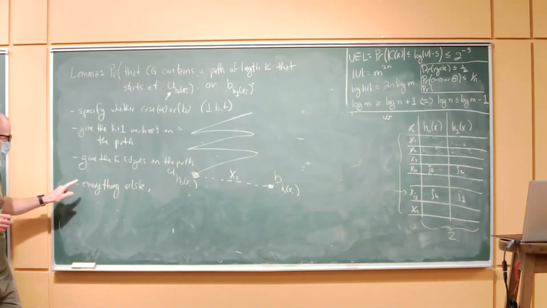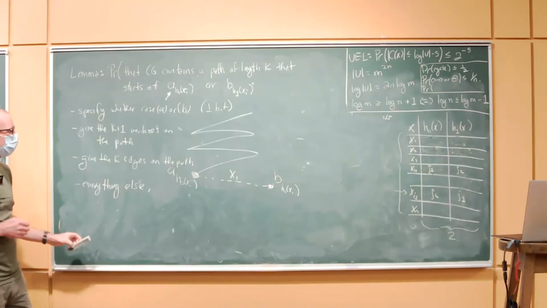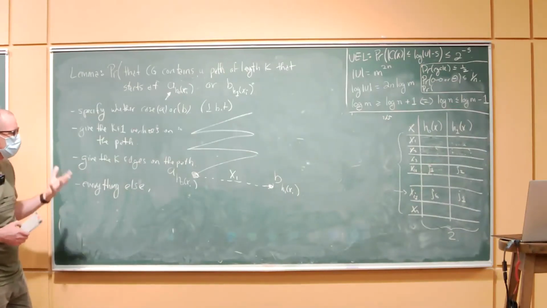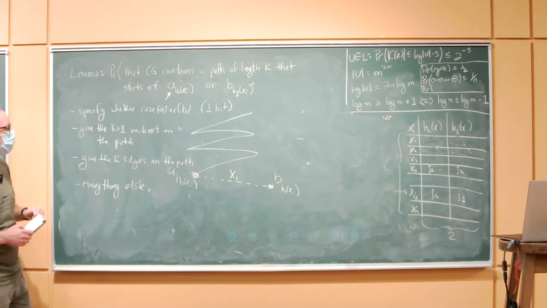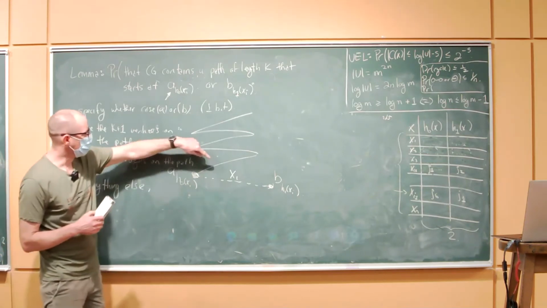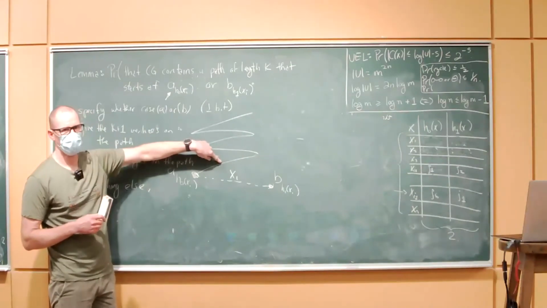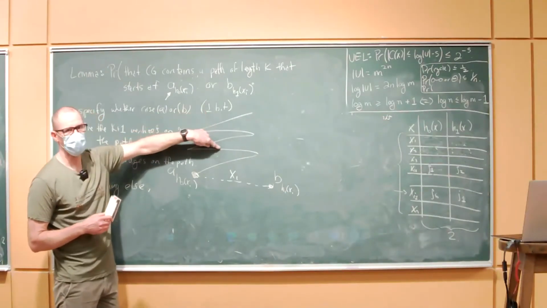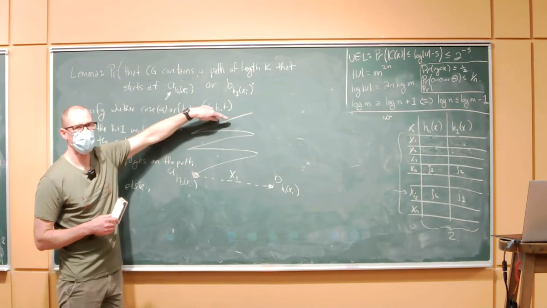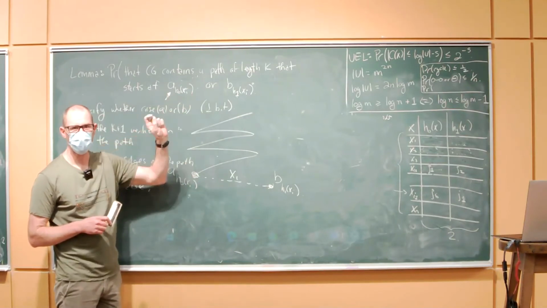The key thing here, which is a little bit strange in this proof, so it goes like the other ones. After I've given you all this stuff, I now know the two hash values for xi1, the two hash values for xi2, the two hash values for xi3, and I know one more thing.